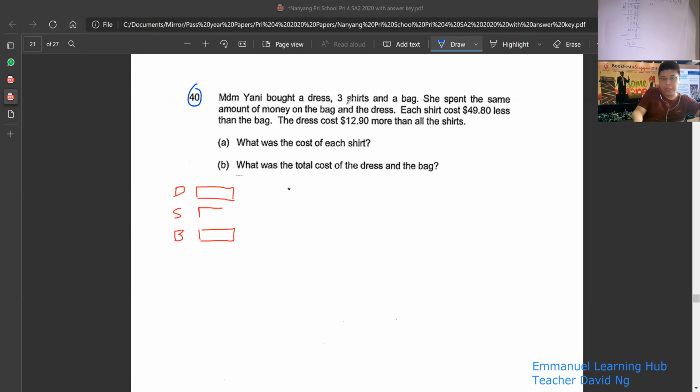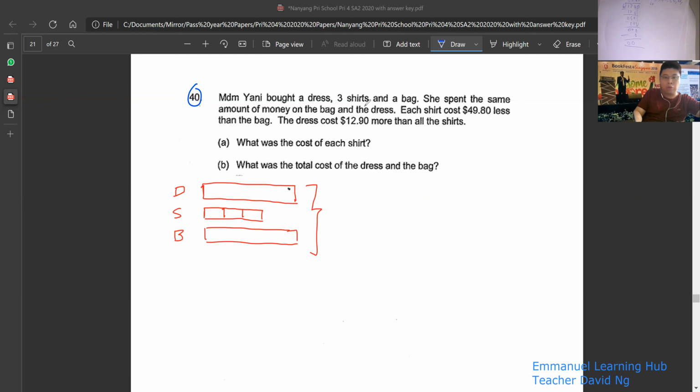Okay, what you can do is I draw a larger model. Three shirts, right? Okay, three shirts.